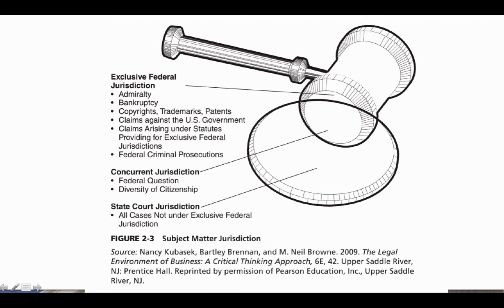The second type of concurrent jurisdiction cases involves diversity of citizenship. When the opponents in the case are from different states, diversity of citizenship occurs. The diversity must be complete. If any two parties on the opposing sides reside in the same state, diversity is lost.